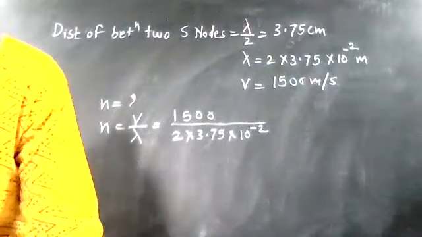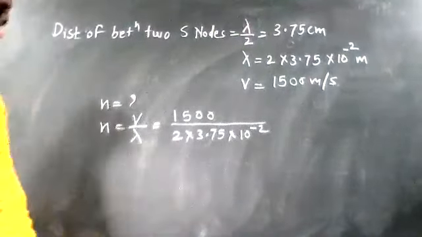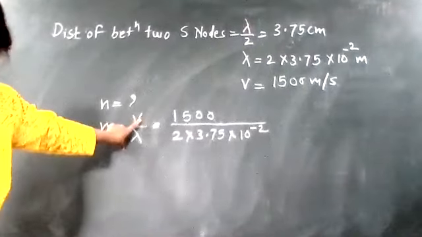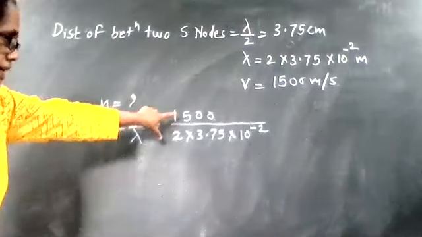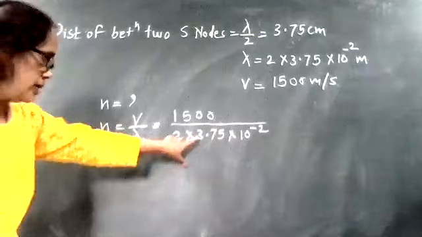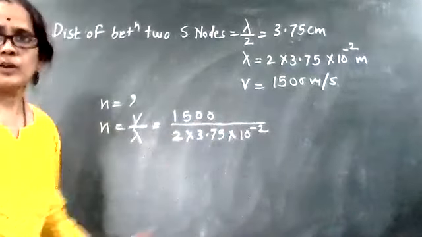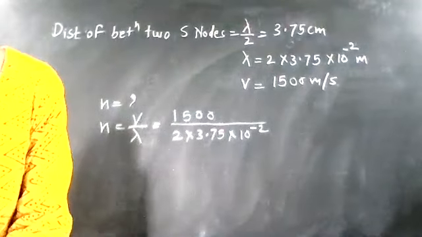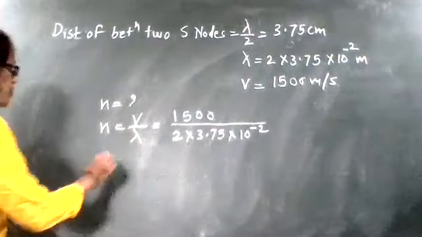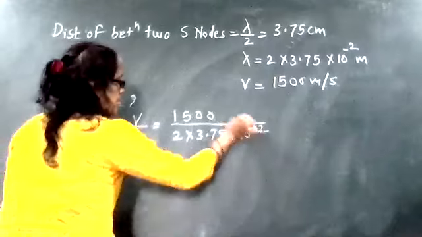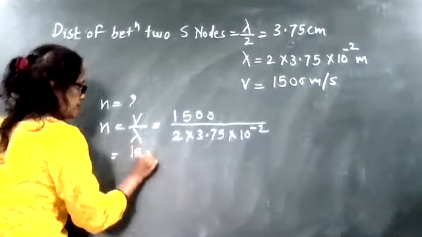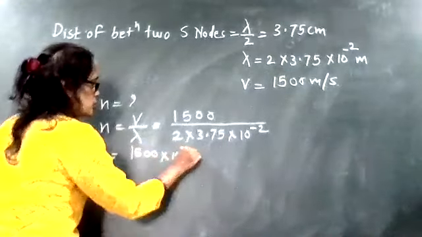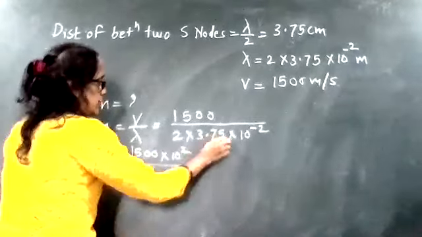I will do the multiplication. Fine. So V is your 1500 and this 2 into 3.75, you have to do the multiplication. See here what I am getting. This minus 2 goes into the numerator, it becomes plus 2 upon 2 into 3.75.